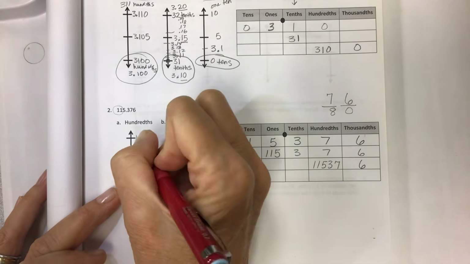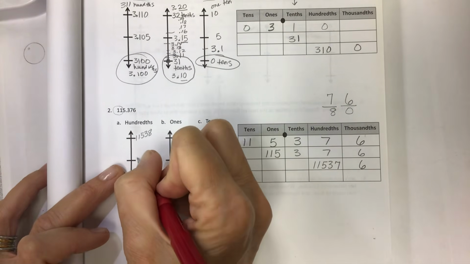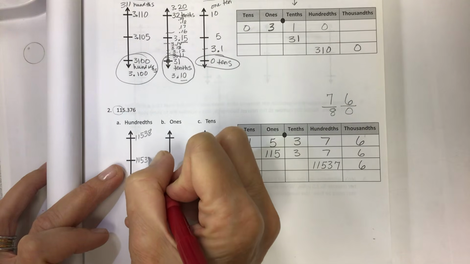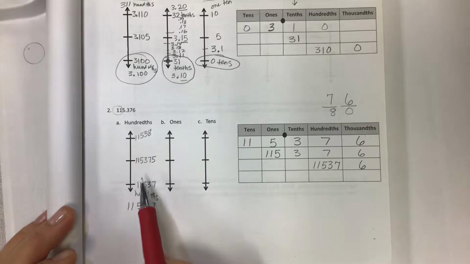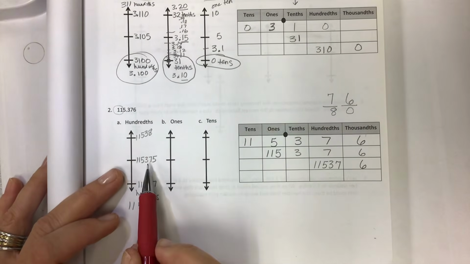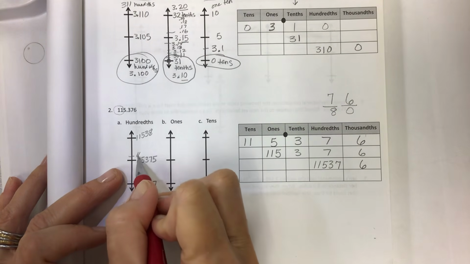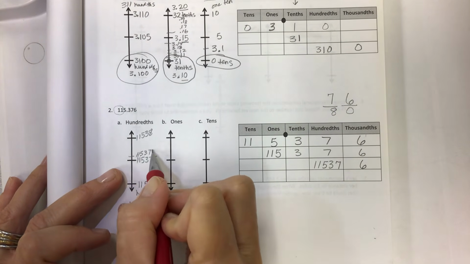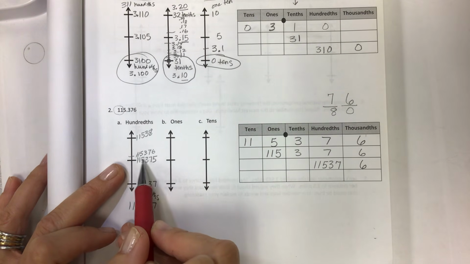The plus one is 11538, and the halfway is 11537 and then that 0.5, or the next place value position. But the next place value position has a 6. 376. So this is where your number is on the number line.